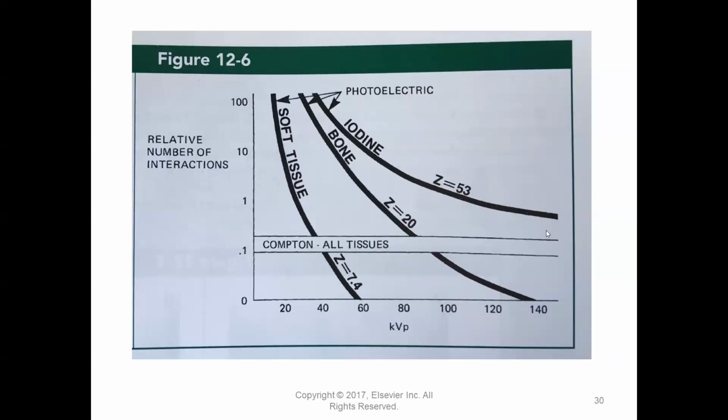Even at really high kVp levels, the positive contrast media is super efficient at inducing the photoelectric effect. It's going to be absorbing X-rays like crazy. So at really high kVp levels, you're going to see that contrast media. And when we do studies involving the GI tract, stomach, barium enema, we use about 120 kVp.